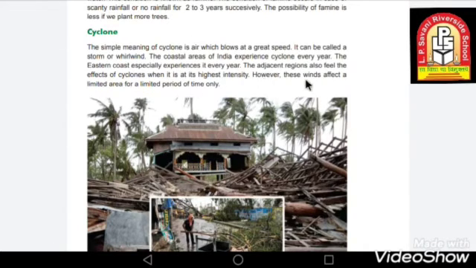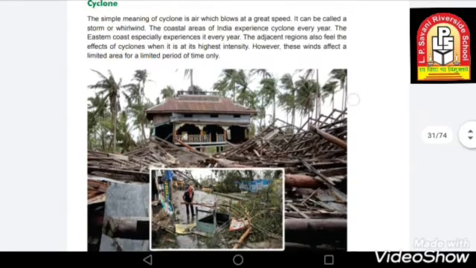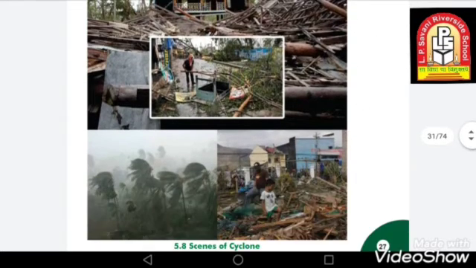However, this wind affects a limited area for a limited period of time only. This wind does not come in the whole of India, but it comes in a particular area and for a particular time. You can see in the pictures over here that the trees are falling.